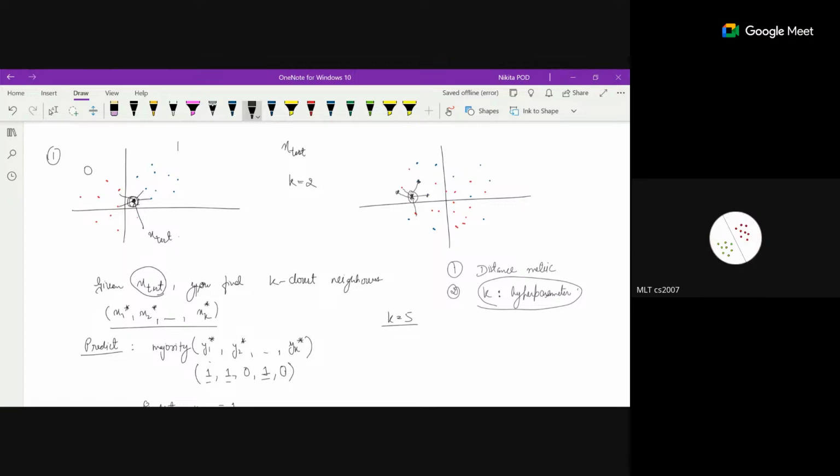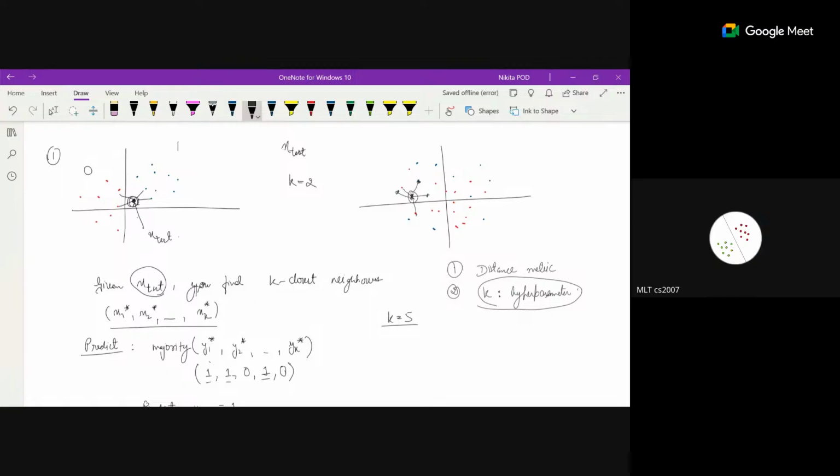Madam, one question here. If you change the value of K, say 2, 3, 4, 5, etc., will the result, like the majority value, the prediction value, change, or will it remain the same? It should change.